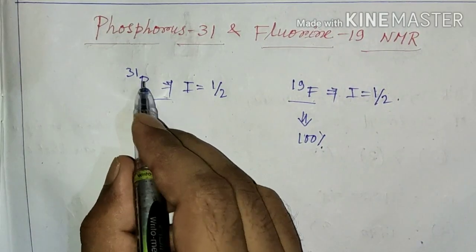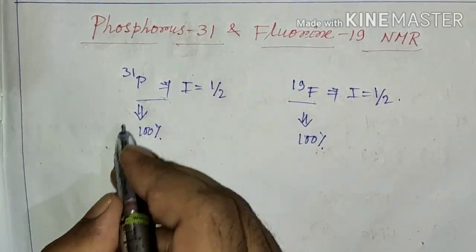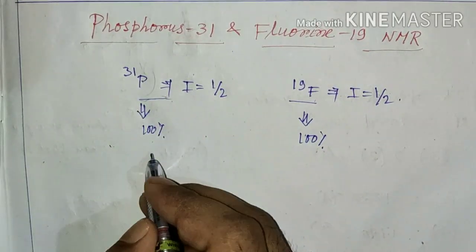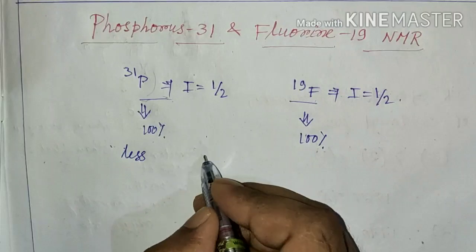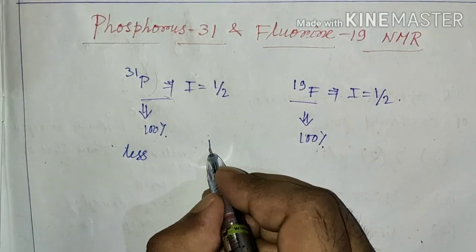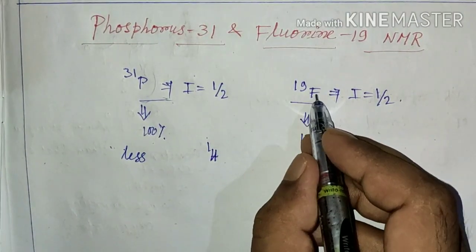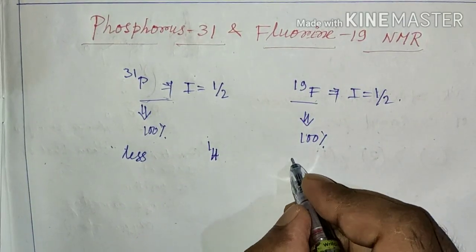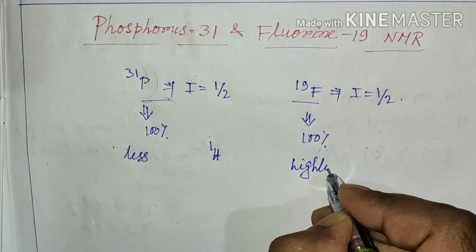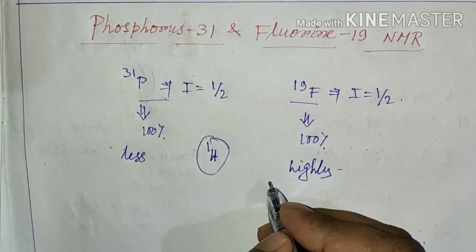In case of 31P NMR, the sensitivity of this nucleus for the NMR instrument is less in comparison to other NMR active nuclei like 1H or 19F, and the F19 nucleus is highly NMR sensitive, similar to the 1H nucleus.